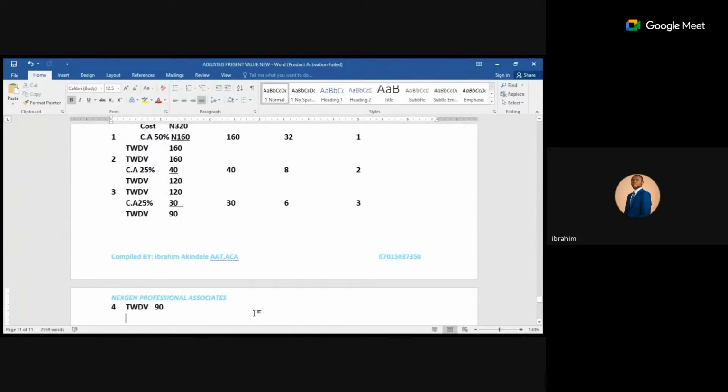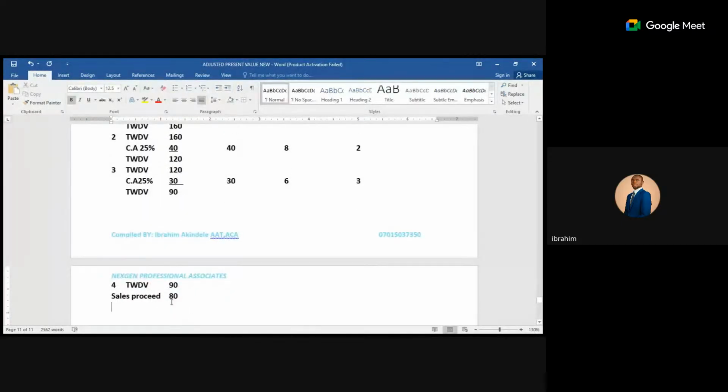So therefore, what is the sales proceed or the scrap value? 80. So we have 80. Do we have balancing allowance or balancing charge, class? Balancing allowance.